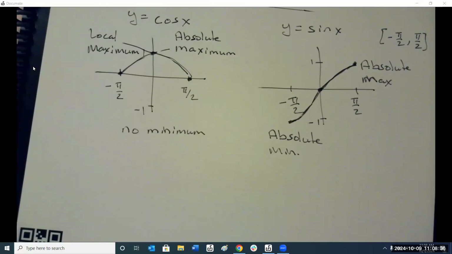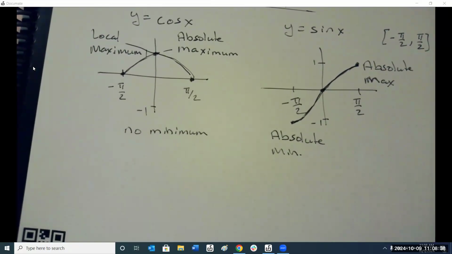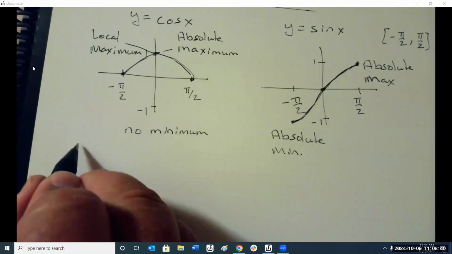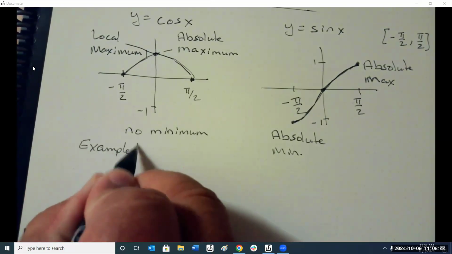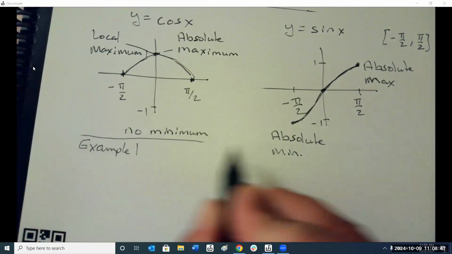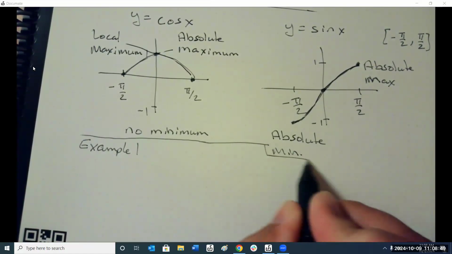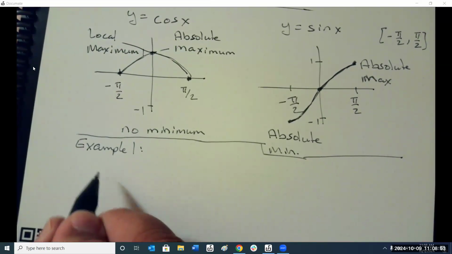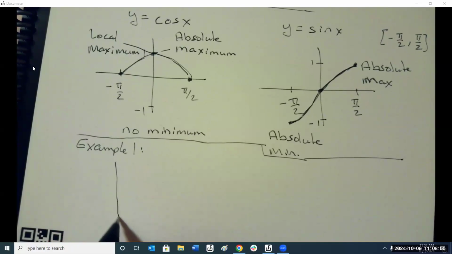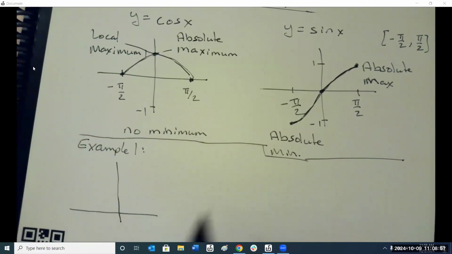Okay, so looking at your sheet with example one. Example one has 4 graphs, which we're going to examine.